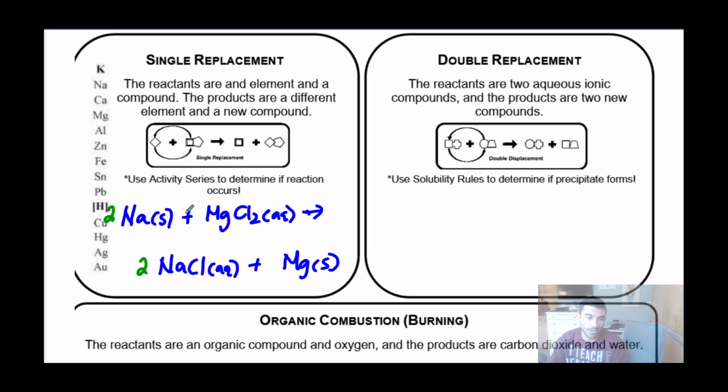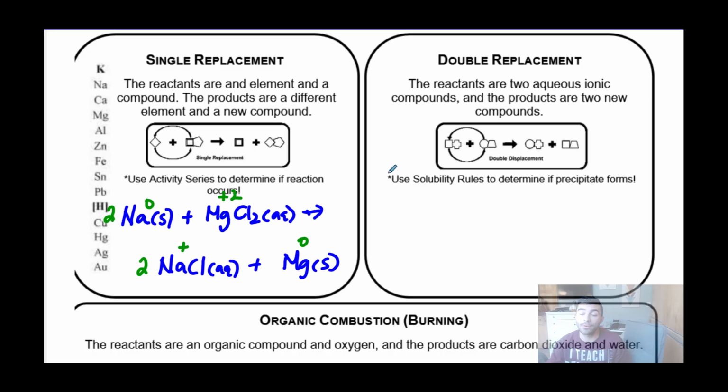So in this case, the sodium is more likely to oxidize, where the magnesium is more likely to reduce. So that is what happens. The sodium would rather exist as an ion, where the magnesium would rather exist as the atom when placed next to each other.